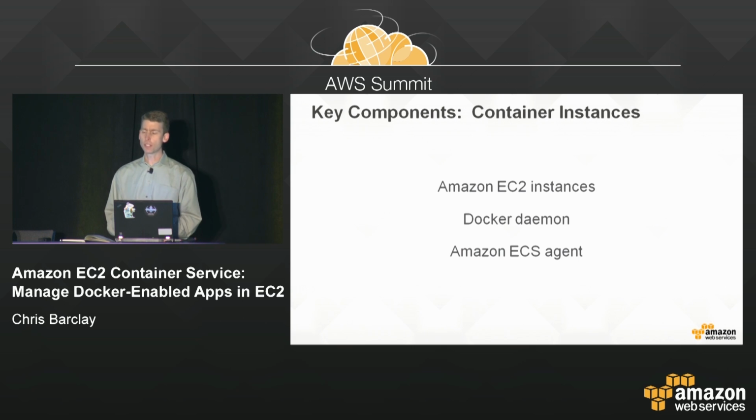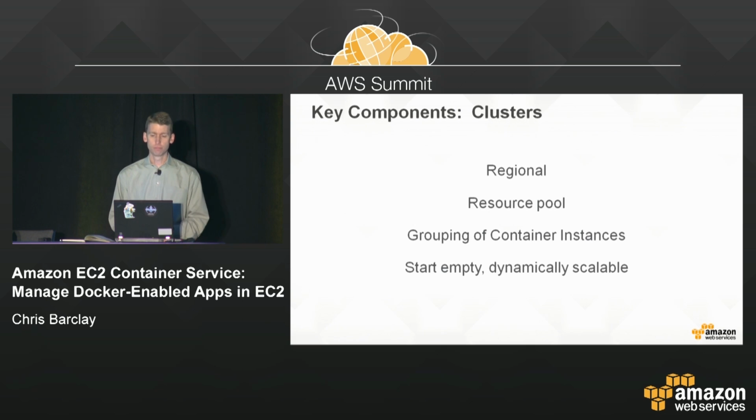And our agent processes the commands from the EC2 container service, for example, starting containers and stopping containers, and is aware of all the resources that are being utilized. As I mentioned, it's all open source and available on GitHub, and we certainly love to see your feedback on that. The next piece of ECS is a cluster, and a cluster is a collection of resources, basically the instances and the containers that are running on it.